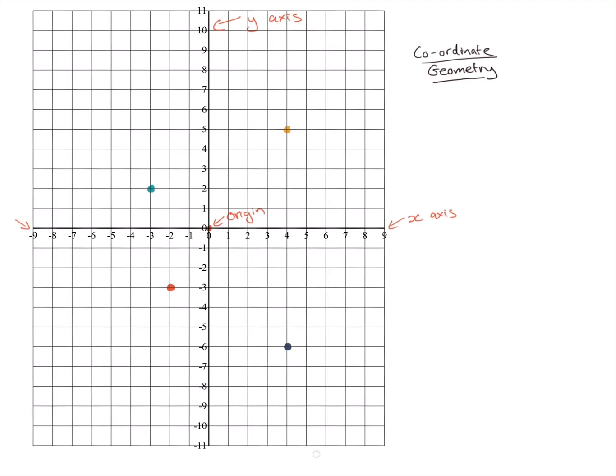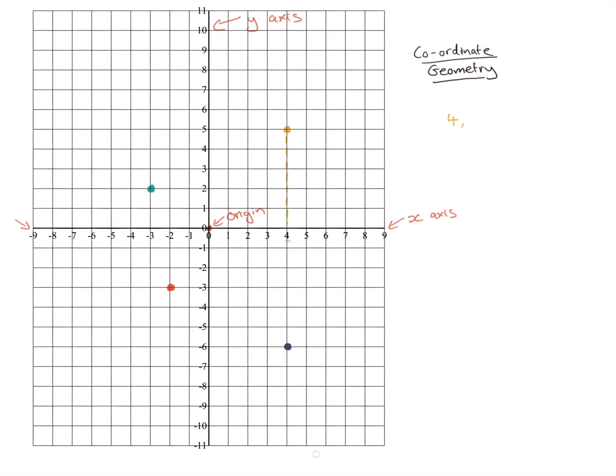So let's start with this yellow dot first. This yellow dot on the right hand side, if I draw a little dashed line, I can see that this yellow dot is above 4. See the way it's above 4 on the x-axis? I'm going to write that down first. I'll put a little comma.